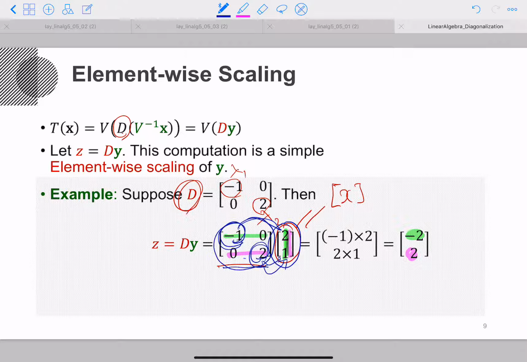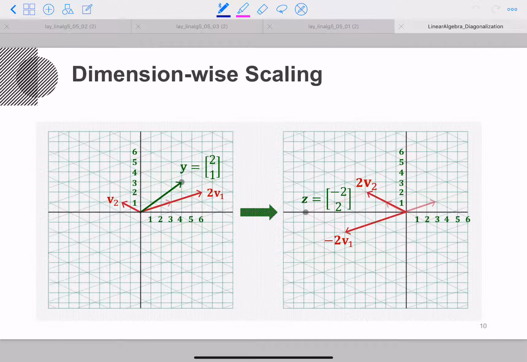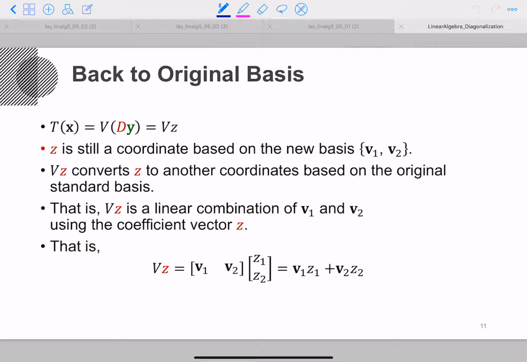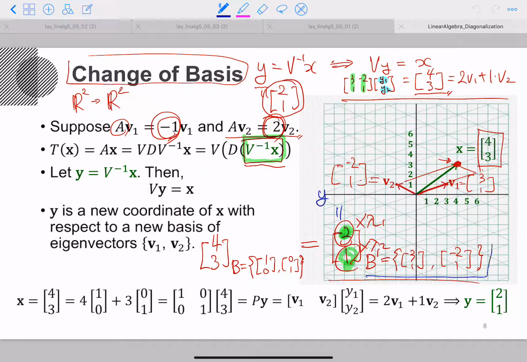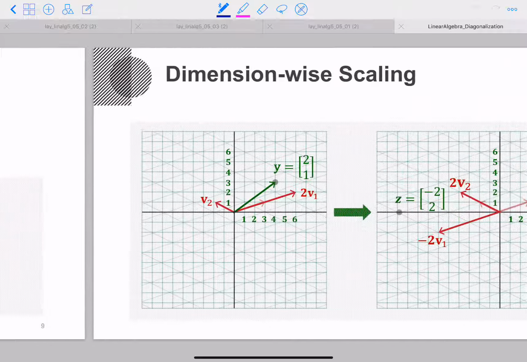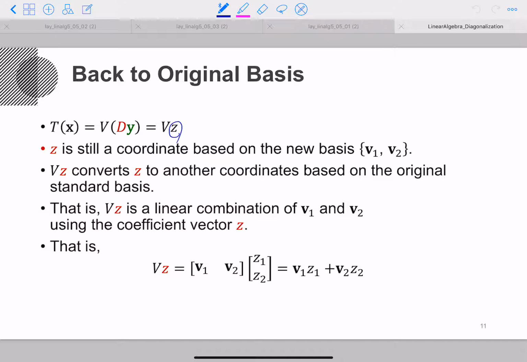And then the next step, the third step. Once we perform this dimension-wise scaling in terms of the new coordinates where our basis is eigenvectors, by the factor of the eigenvalues for each axis, we now reconstruct it into the standard basis.